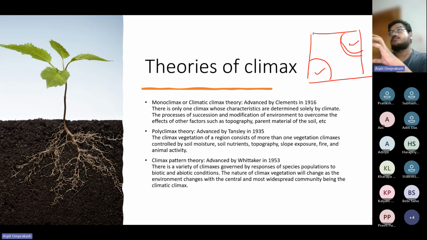So the climatic climax can be, let's say, something that is most widespread in that given area, but based on the different regions and different micro conditions that might be happening in different areas, the nature of the vegetation might change.